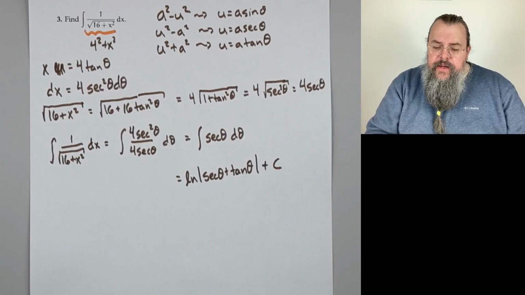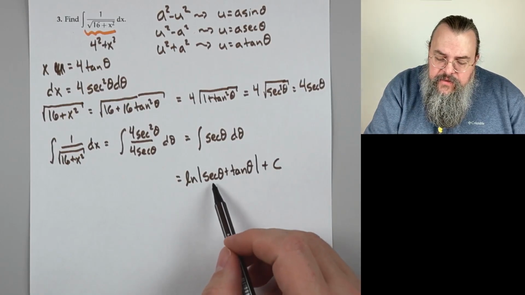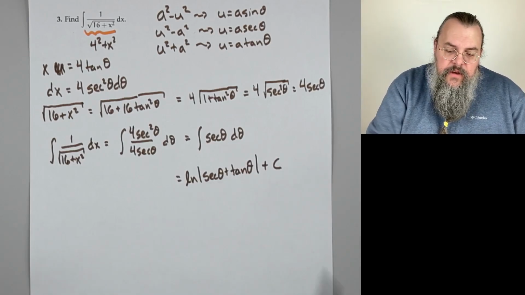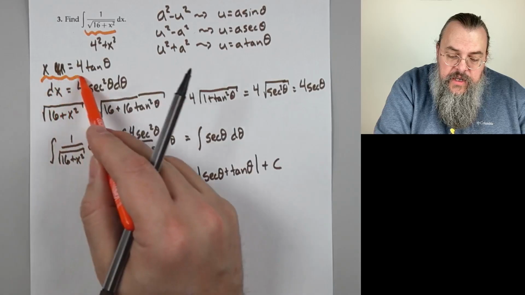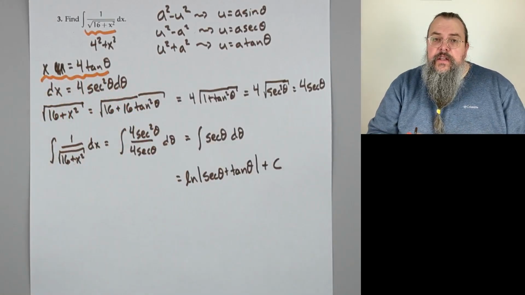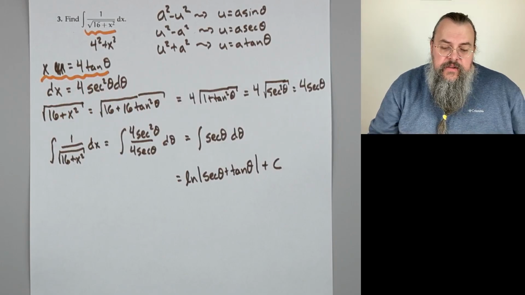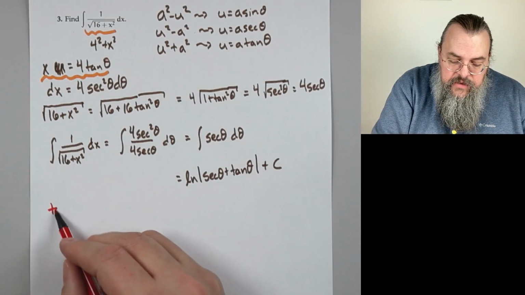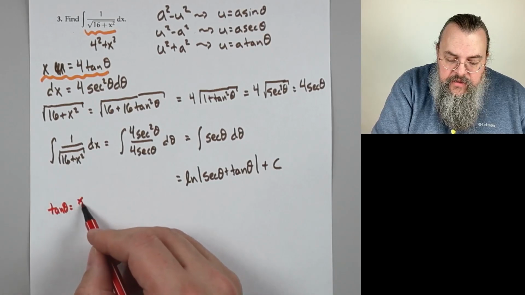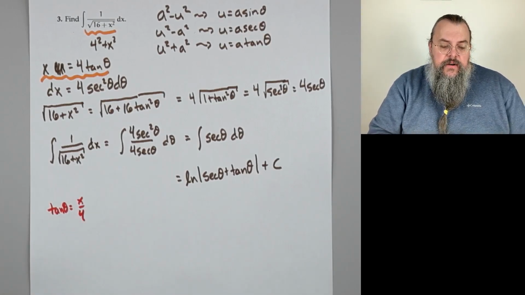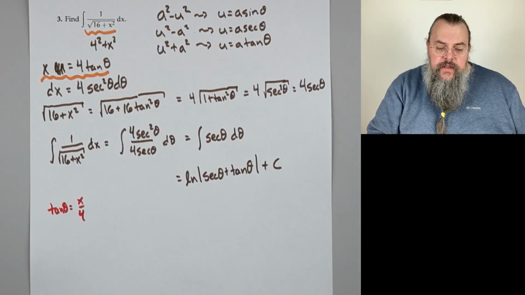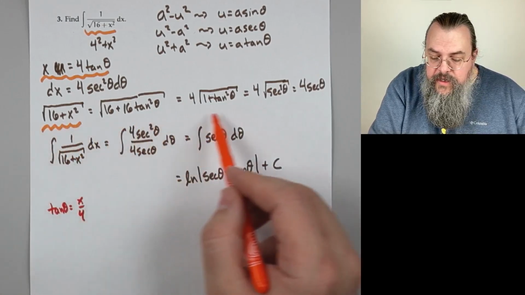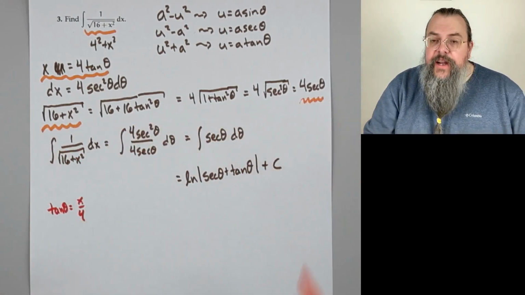All right, now you might say, well, how do we get these values, secant and tangent? Well, notice a couple of things. We have this expression here that says, oh, hey, look, tangent of theta, that's equal to x over 4, right? So tangent of theta is x over 4. And now we say, well, wait, look at this long string of equals. We have the square root of 16 plus x squared, dot, dot, dot, is 4 secant theta.